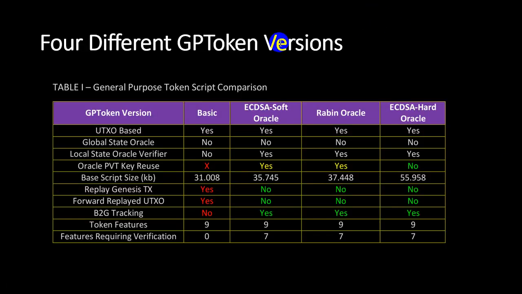So here are the different versions of the GP token that I presented to you in this video. And here we have some features that we can observe in the script of our tokens. The main thing here, besides the others, is the size of the script.